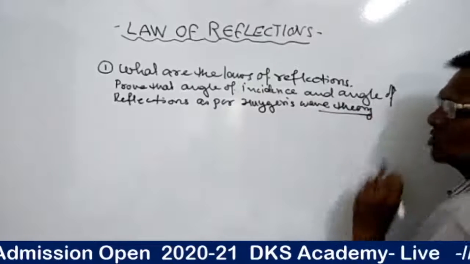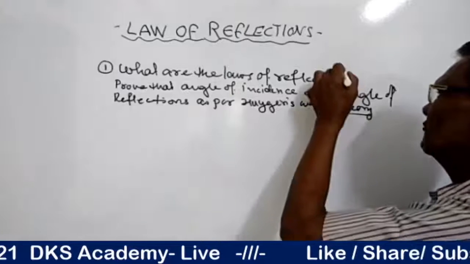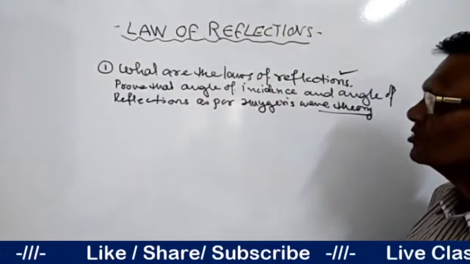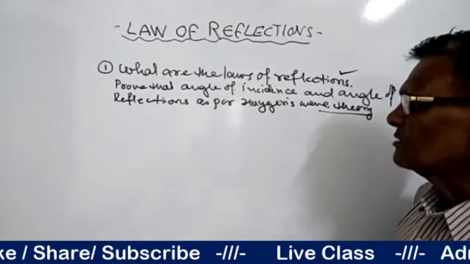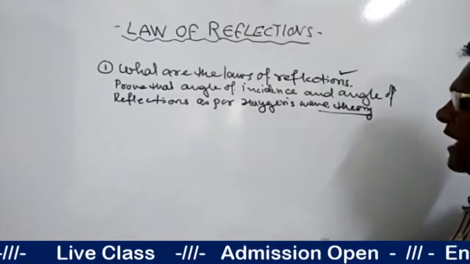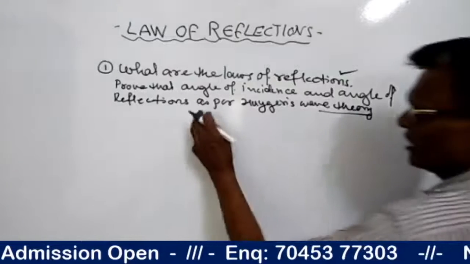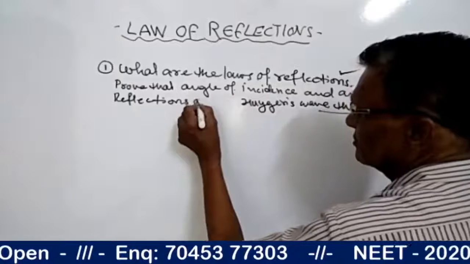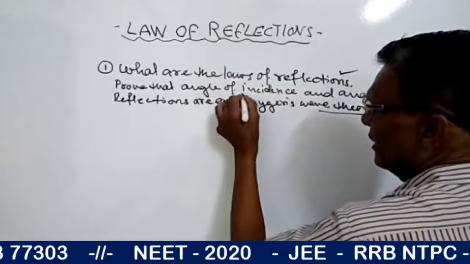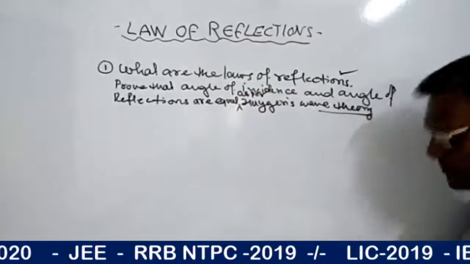So this is a question. What are the laws of reflections? That we know very well. With the help of ray of light we can show it. But further prove that angle of incidence and angle of reflection are equal as per HSC wave theory.